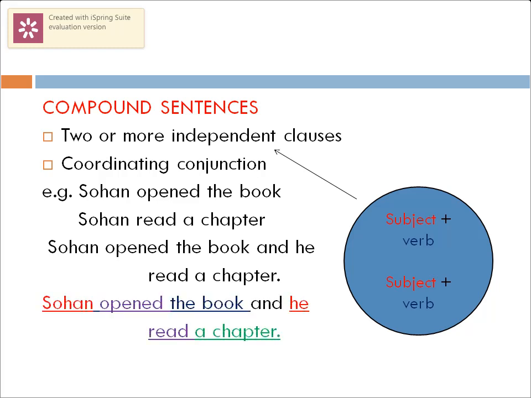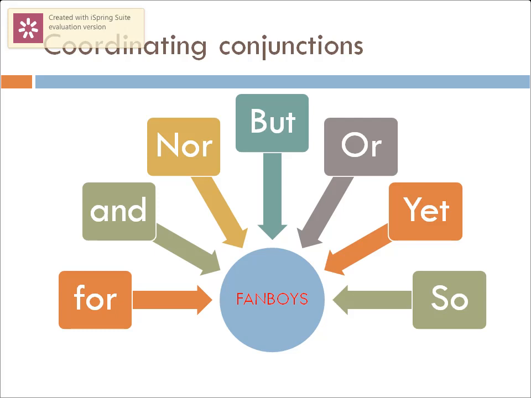So we find the first independent clause, Sohan opened the book, because Sohan is the subject and opened is the verb. And the second independent clause, he the subject and read the verb. And both of these independent clauses are joined by the coordinating conjunction and in between. Right.